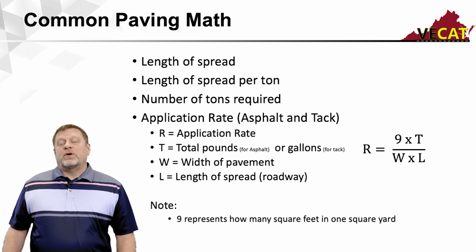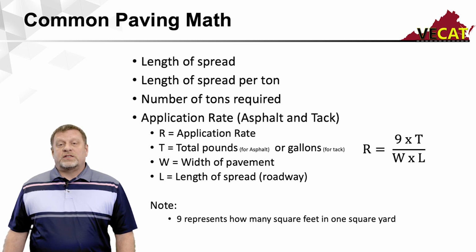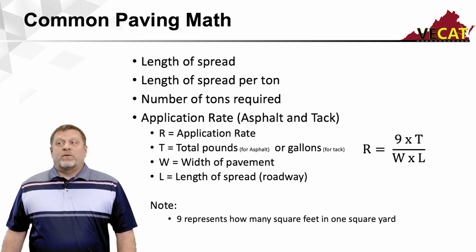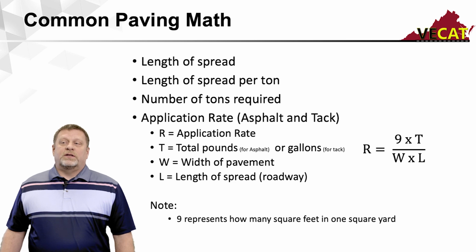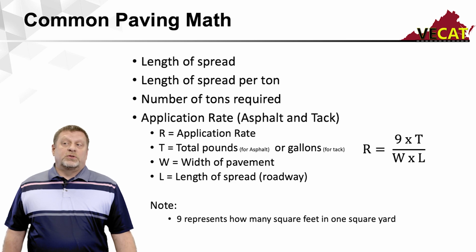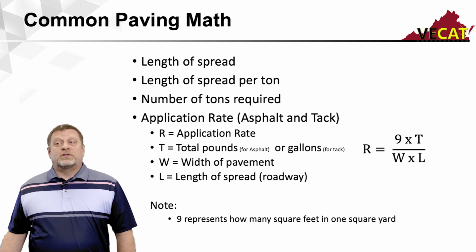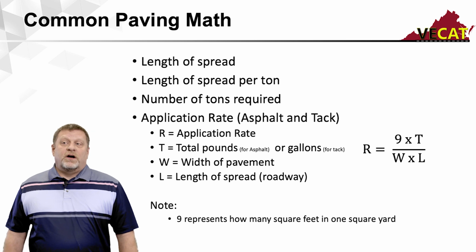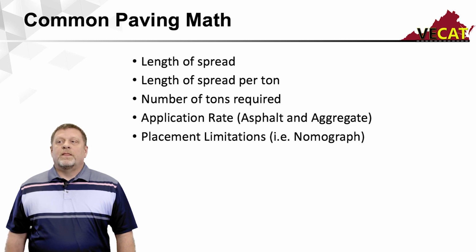Or if, say, we wanted to calculate it for our tack yield or our tack coat, in this case, tack is not weighed in pounds, it's dealt with in gallons. So for this formula, the same formula could be used to determine the gallons of tack emulsion that was used, or the pounds that can then be converted to tons of asphalt that was used. So you'll see this one as we go forward a couple different times.